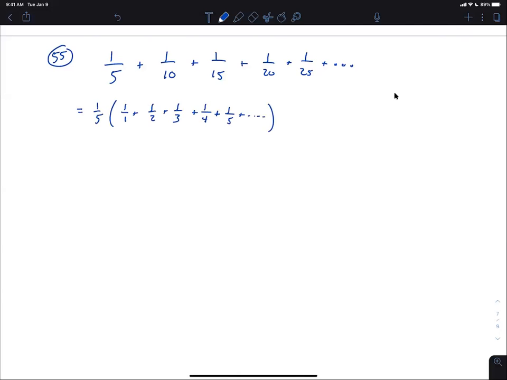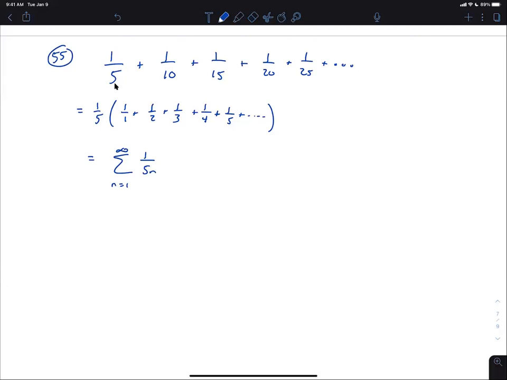It's like 5, 10, 15, 20, 25. Does everybody see that? So you can write it as the sum k equals 1 to infinity of 1 over 5n. Somehow we need to notice that the bottom is 5n or 5k. We'll just make it n. My bad. So n equals 1 to infinity, so it's 1 over 5n there.